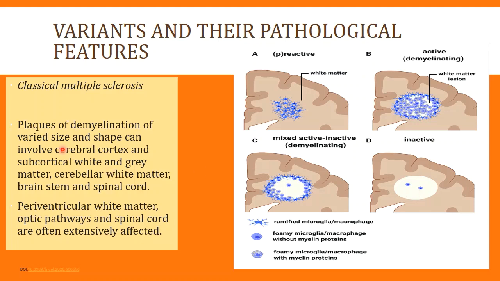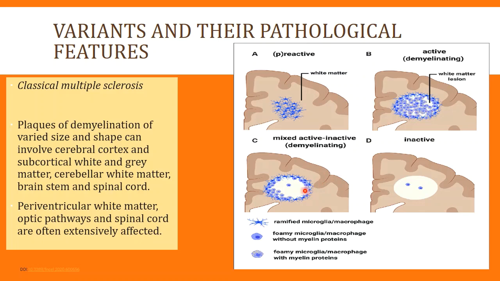So what is a plaque? A plaque of demyelination is an area present in the cerebral cortex, particularly in the white matter. Periventricular white matter, optic pathways, spinal cord, etc. can be affected. The zone particularly consists of ramification of the macrophages, and these macrophages or foamy histiocytes may be laden with myelin or without myelin.